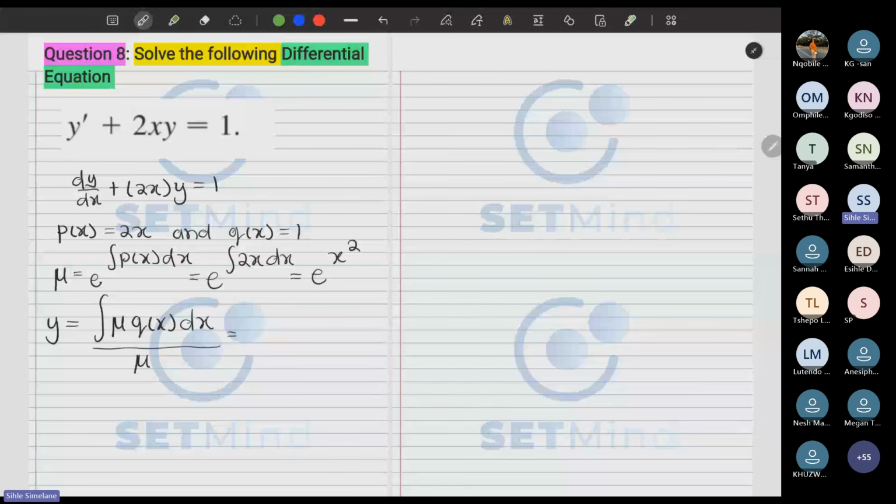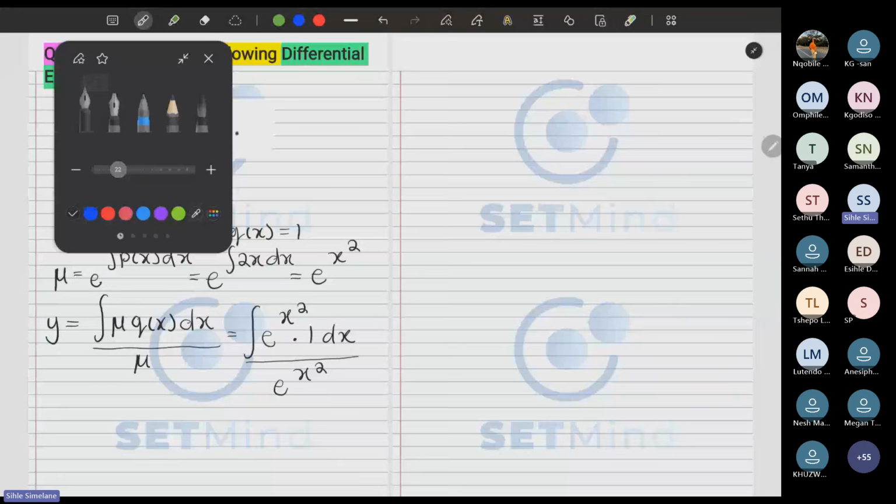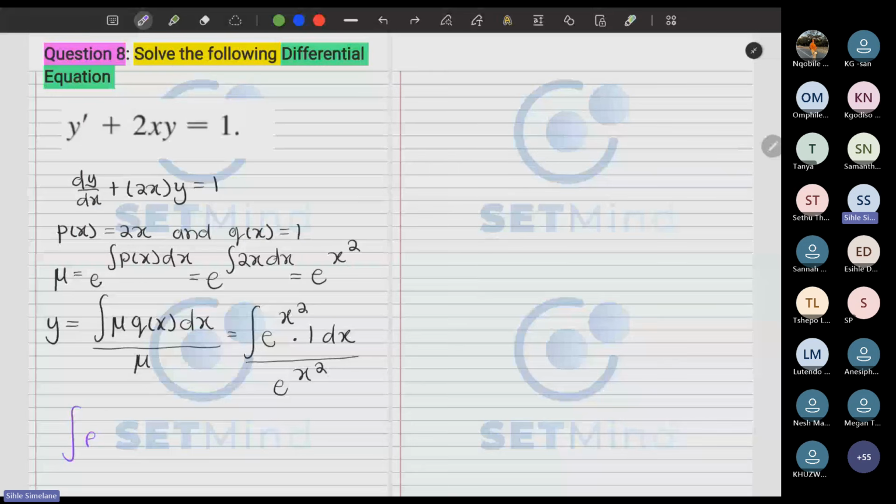So this means what we are going to have is the integral of e to the power of x squared, then times 1 dx divided by, well, what it is, e to the x squared. So this is what we have, guys. Now I need your assistance with figuring out what this integral here is. What is the integral of e to the power of x squared dx?